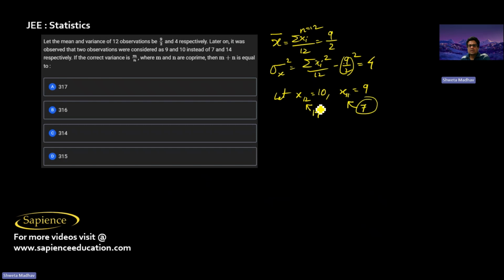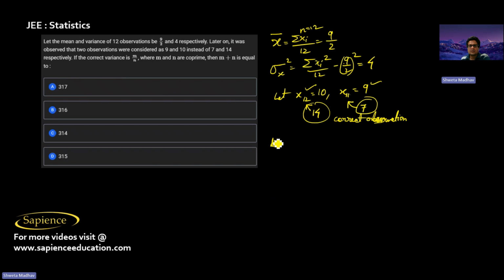So these are the correct observations, but these 9 and 10 are the wrong observations which have been considered.